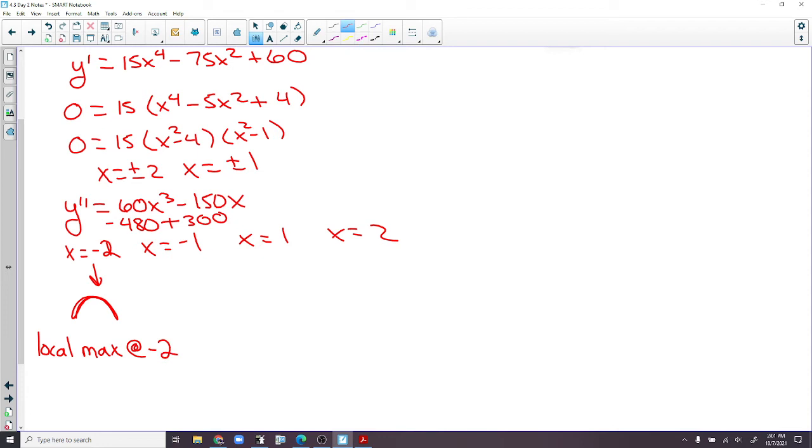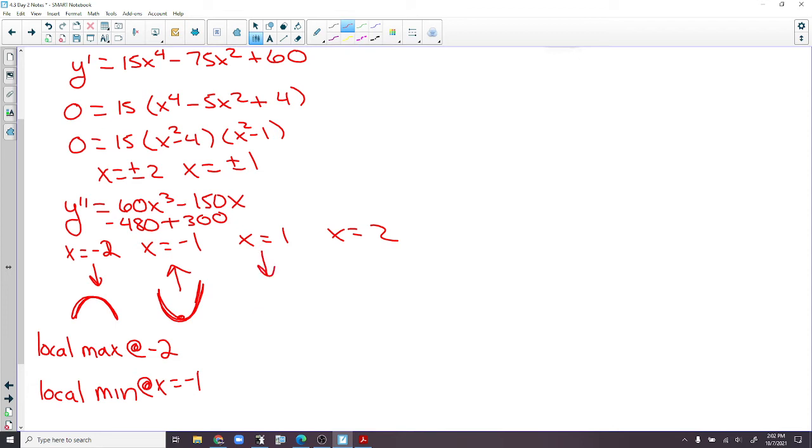If I plug negative 1 in, we get negative 60 plus 150, that's positive. So now we have a local minimum, because if it's concave up, then the graph looks like that right there. So local minimum at x equals negative 1. Plugging 1 in here is 60 minus 150, that's something negative.